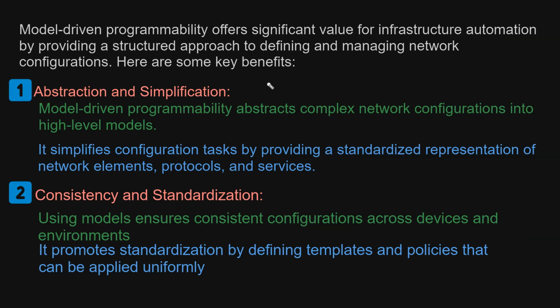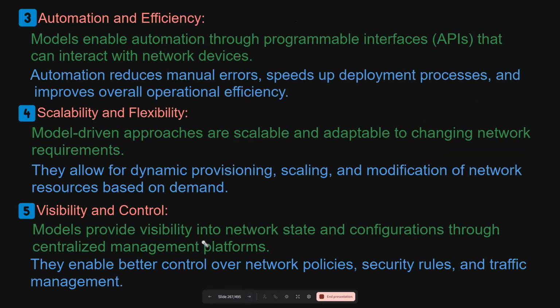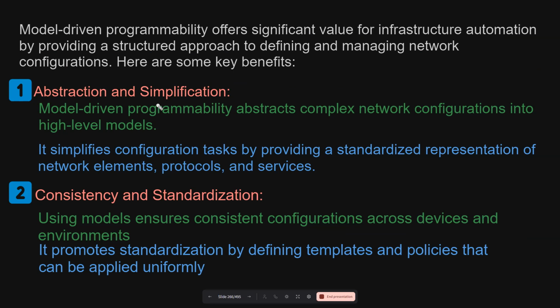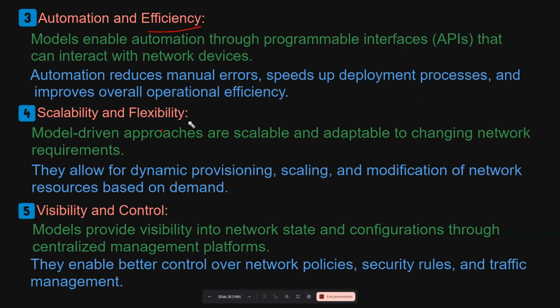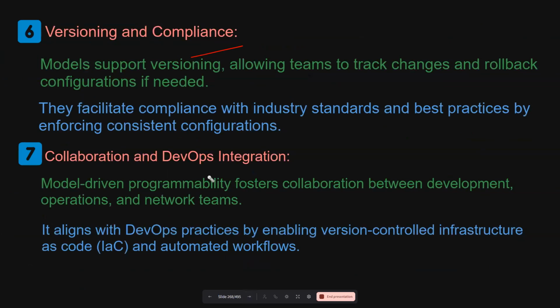Likewise, you have some model, some standard, and you can follow that standard and do standard automation. You will understand these things via example. In this standard modeling, you have abstraction, consistency, automation, scalability, flexibility, versioning, compliance, collaboration, all those things.